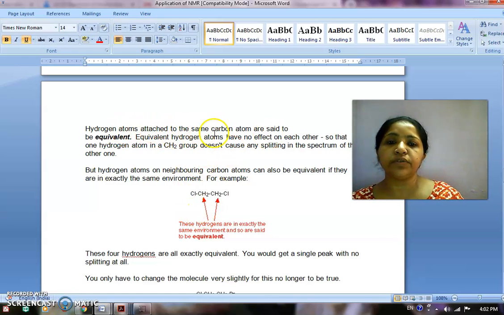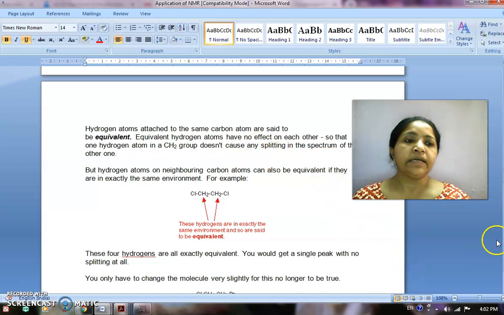Hydrogen atoms attached to the same carbon are said to be equivalent. Equivalent hydrogen atoms have no effect on each other, so one hydrogen atom of CH2 does not cause any splitting on the other. But hydrogen atoms on neighboring carbons can also be equivalent.